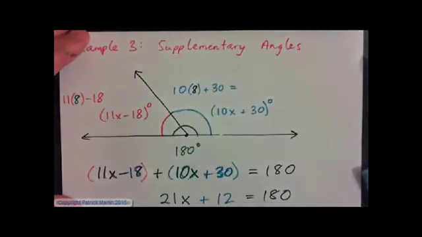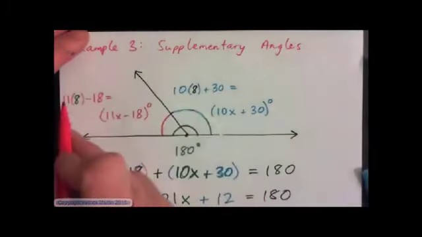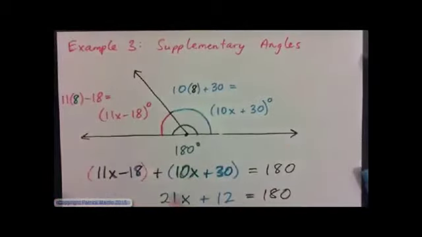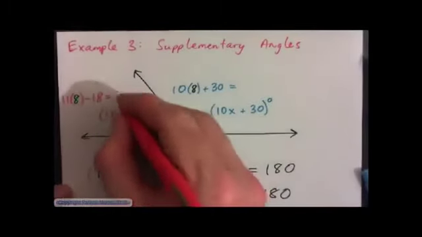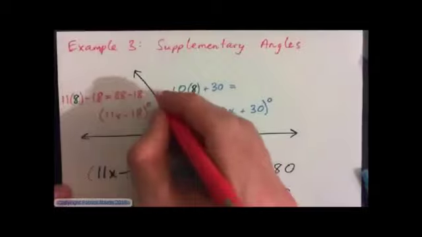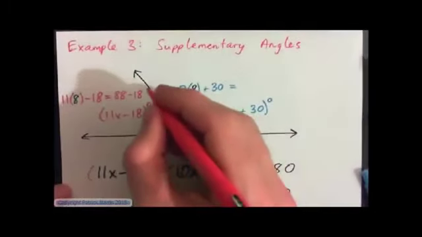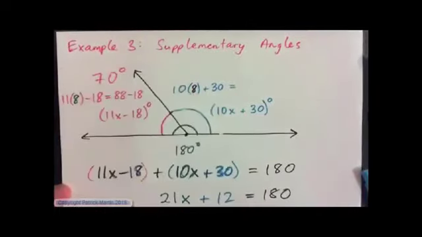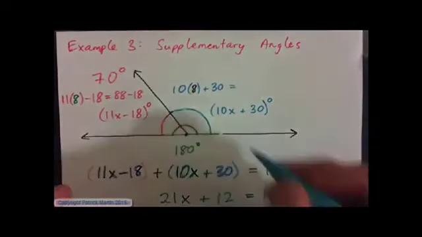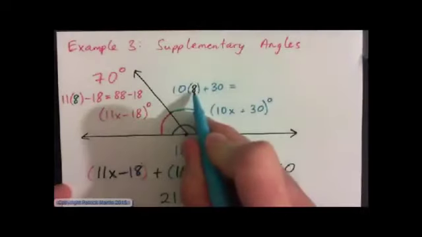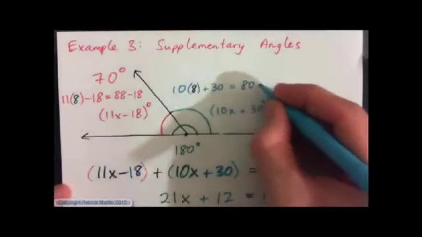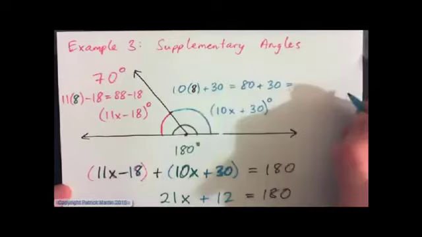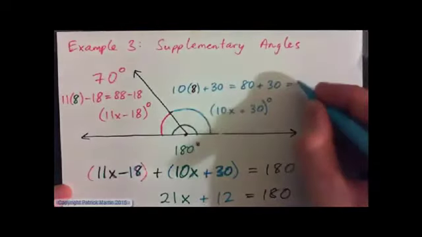So the red angle, we're getting 11 times 8, which is 88, minus 18, which is 70 degrees, right? What about the blue angle? We're getting 10 times 8 is 80 plus 30, which is 110, right?